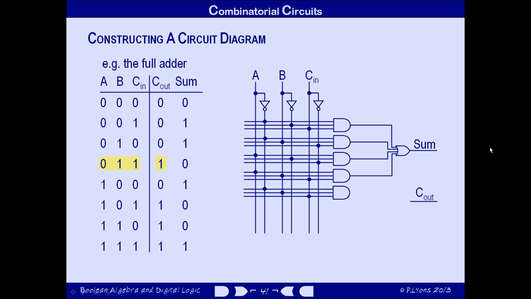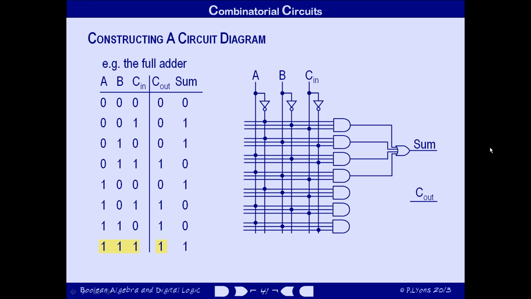Then there's one that detects when A is true, B is false and C is true. One that detects when A is true, B is true and C is false. And finally, one that detects when A, B and C are all true.